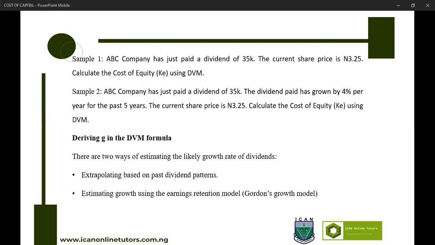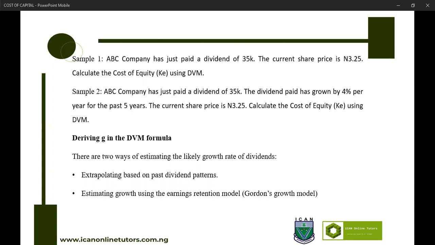But if the dividend is yet to be paid, we are going to deduct the current dividend from the market price, so that we get the market value after the dividend has been paid. So we are told that the company has just paid a dividend of 35 kobo, and dividends paid have grown by 4% per year for the past 5 years. The current share price is 325 kobo. We are to calculate the cost of equity using the dividend valuation model.